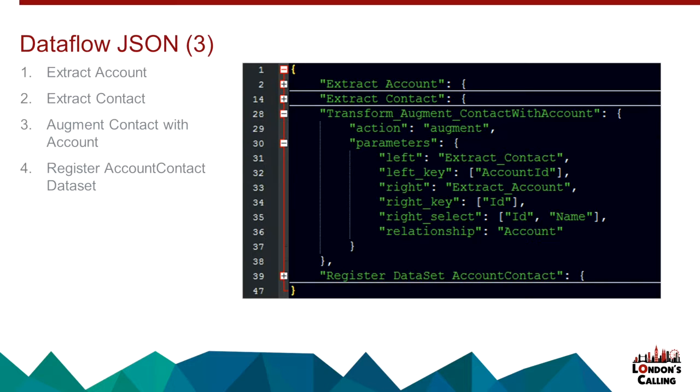When the data set is created, for the root object, in this case contact, you would just see things like ID, name, account ID, and so on. But the joined objects, in this case accounts, will be prefixed by that relationship name. So when I've built my data set, we'll see things like account.id and account.name. It just allows me to differentiate fields with the same name across objects.